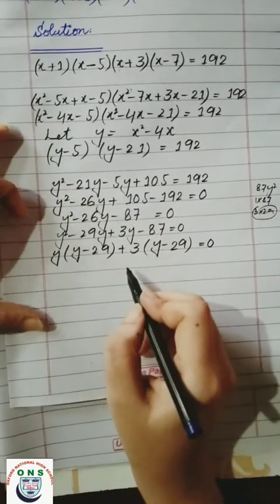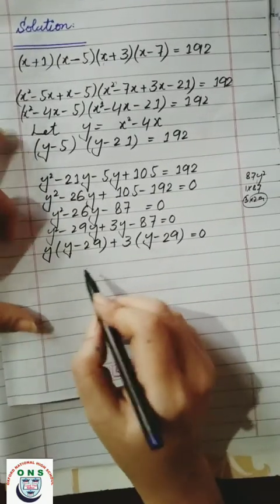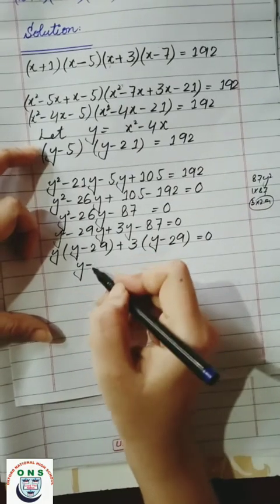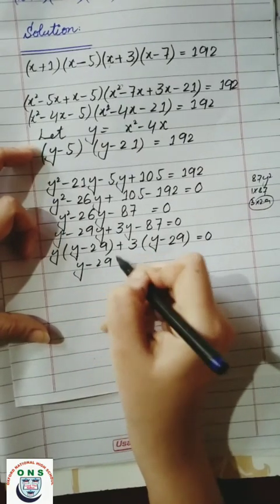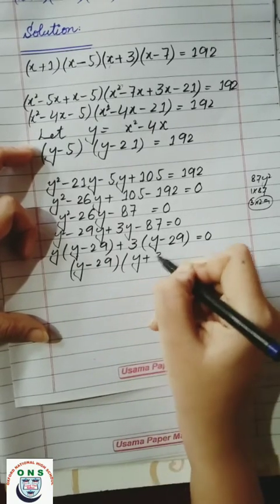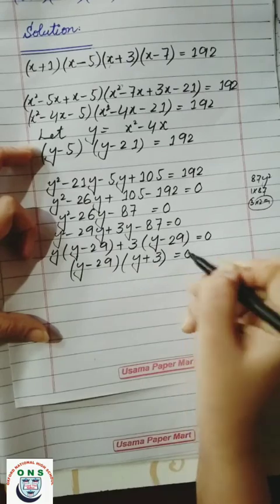Both bracket values are the same. It means our factorization is 100% correct, so we will take it common, just like y minus 29, and the remaining value will be y plus 3 is equal to 0.